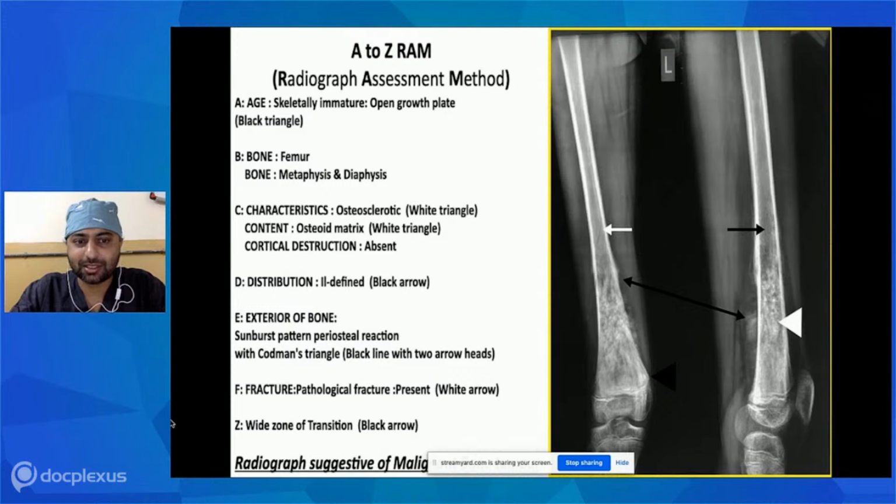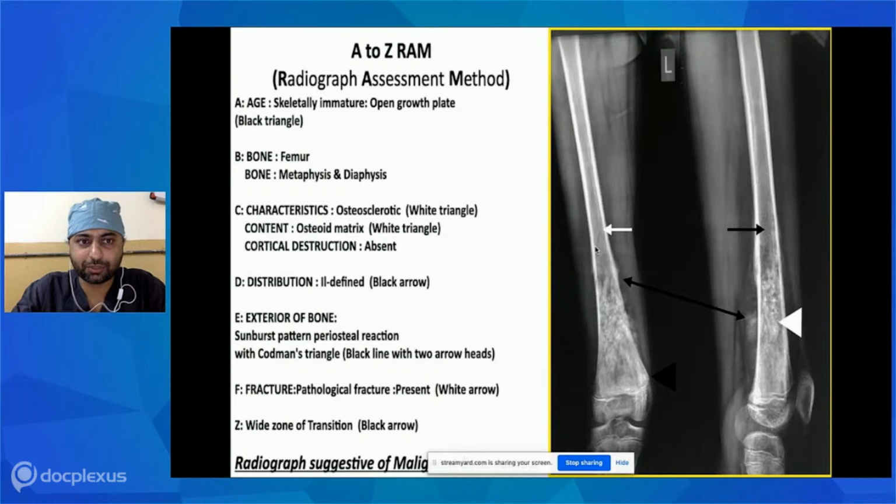Exterior: you can see the black line with two arrowheads. It's a sunburst type of periosteal reaction with a Codman's triangle. F is for the fracture. The white line suggests it's a fracture, a pathological fracture. And all these findings suggest that it's a malignant bone tumor. Again, we will summarize. A, age, skeletally immature.